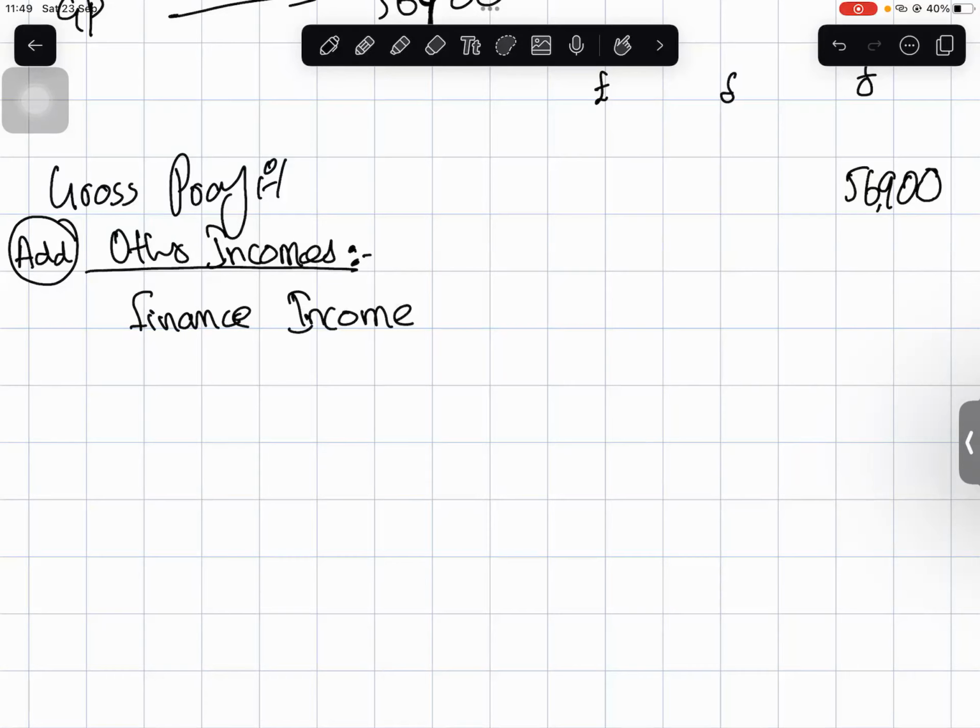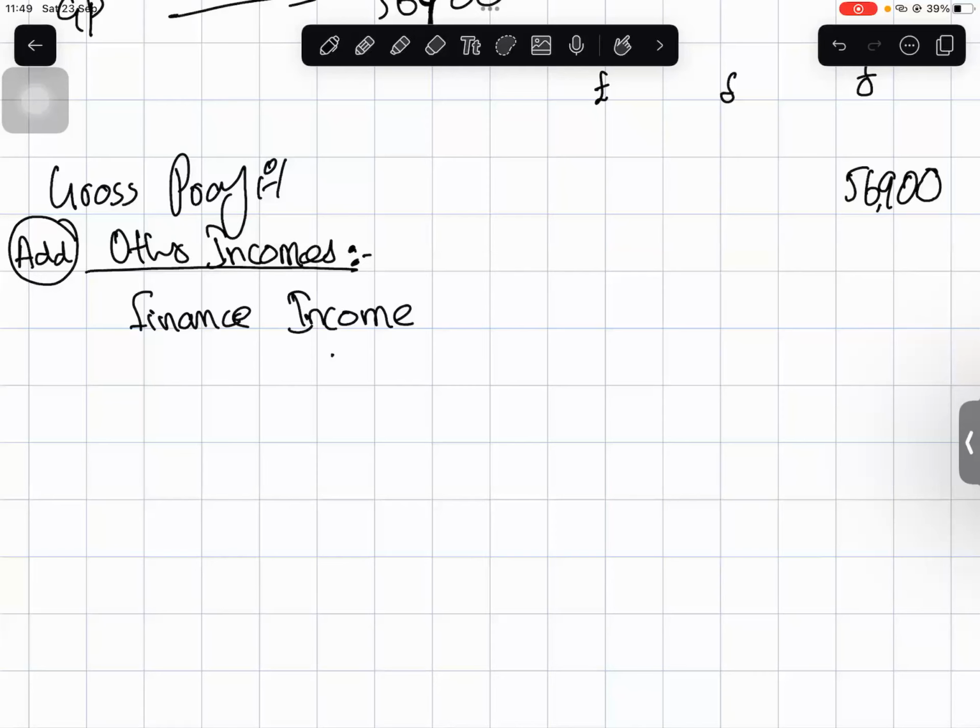Sir, like the interest we get from putting money in the bank. Yes, absolutely. Whenever you see the words finance income or finance cost, as an accountant you should know that finance income is basically your interest income.